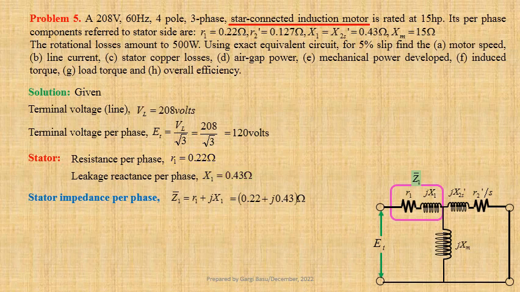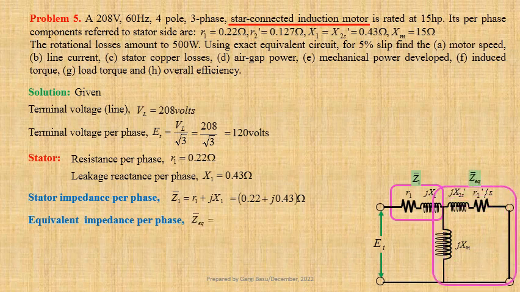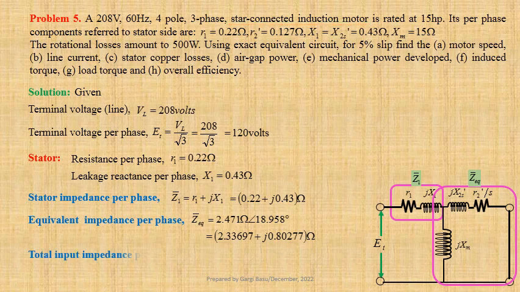We have determined equivalent impedance per phase ZEQ equals 2.471 ohm at an angle 18.958 degree. This may be written in Cartesian form as 2.33697 plus j times 0.80277 ohm. Now we shall compute total input impedance per phase. Zin equals Z1 plus ZEQ.